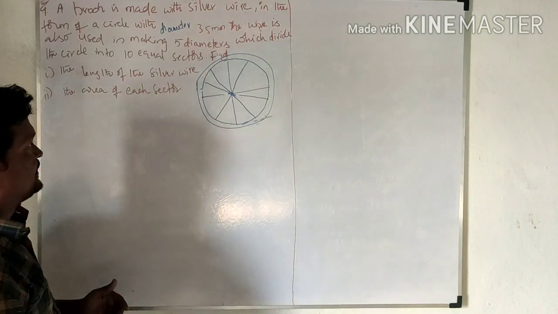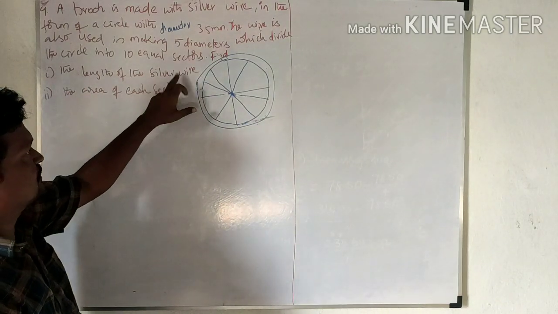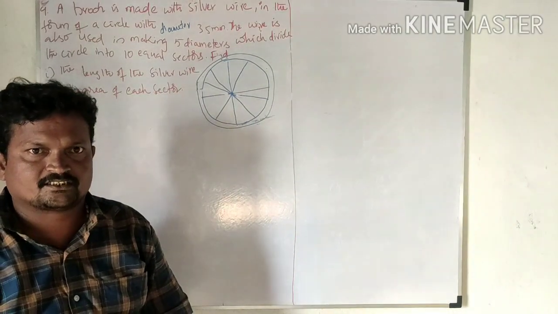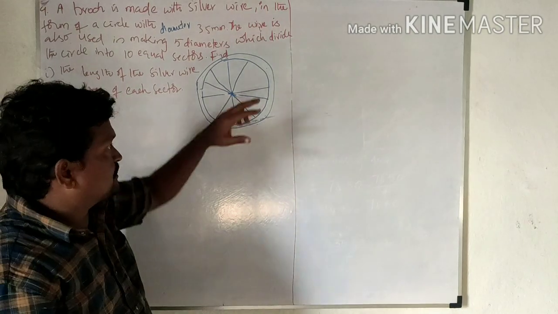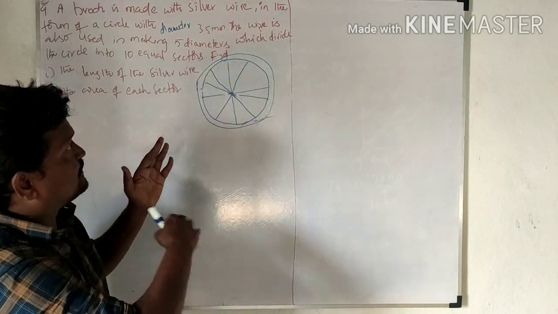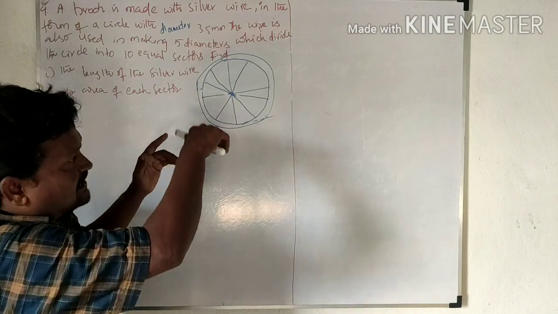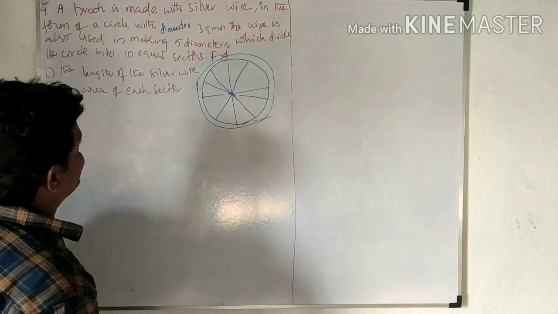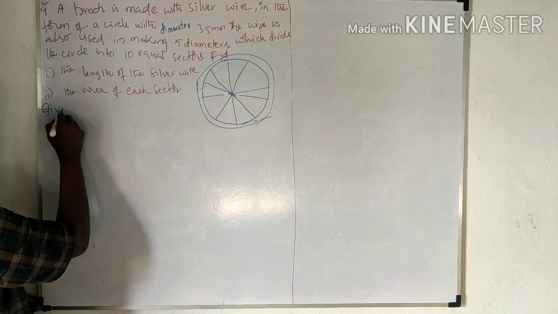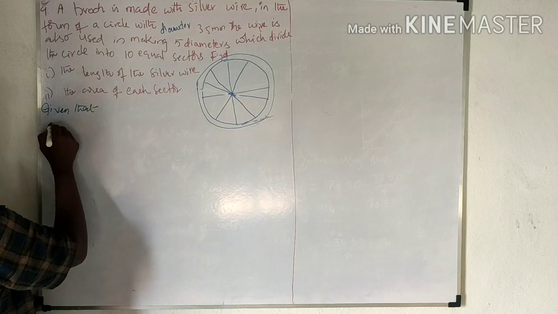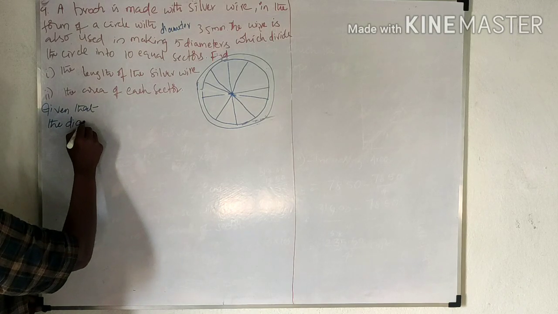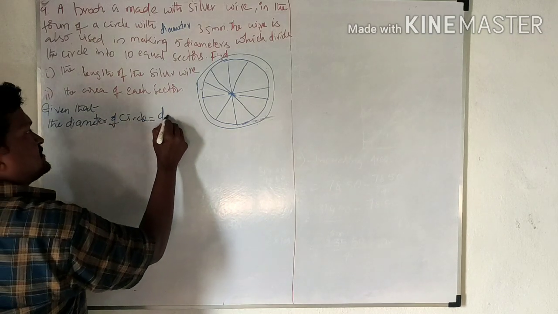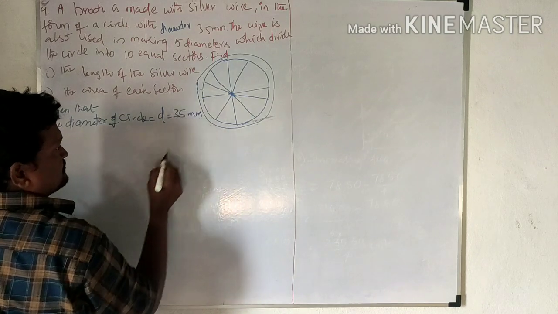So now what we have to do is find the length of the silver wire, the total length they used to make that circle-shaped silver wire brooch. Here it is given that the diameter of the circle D is equal to 35 mm, millimeters.